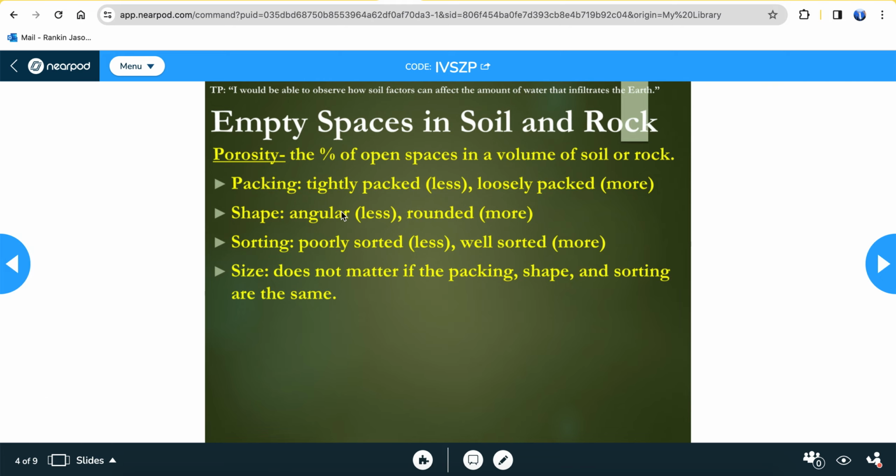Shape: angular, less; rounded, more. In that diagram before, we had all rounded sediments, right? And that would mean you would have the greatest amount of percent pore space.